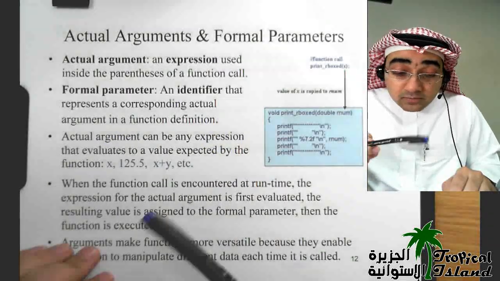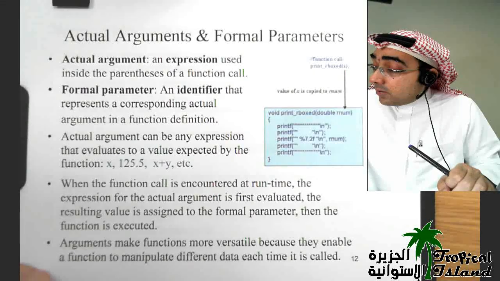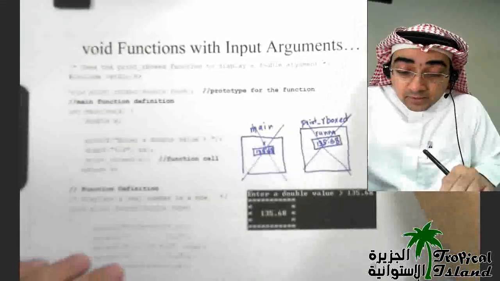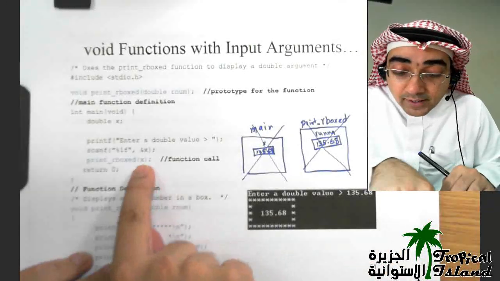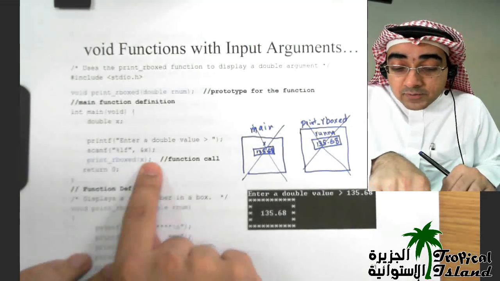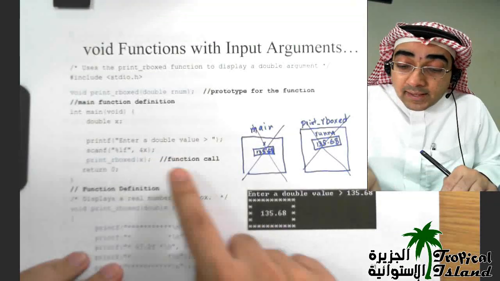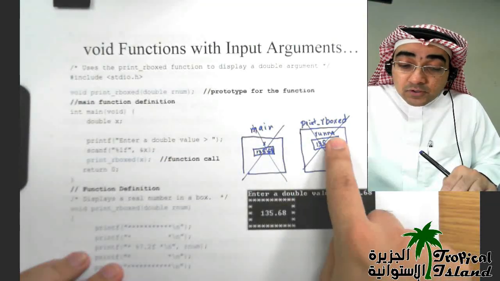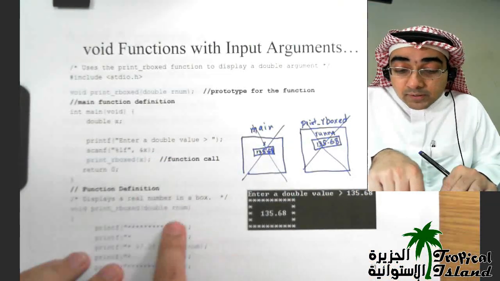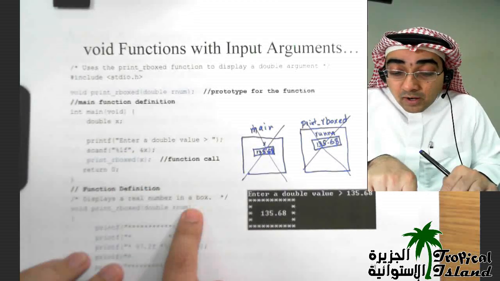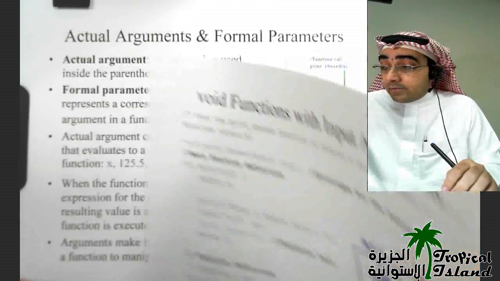So it is a correspondence. Rnum is a correspondence of x, so it has the same value as x, but we call it x in the main function and rnum in the second function. They correspond. We pass the value of x to rnum so that the function can have the value.